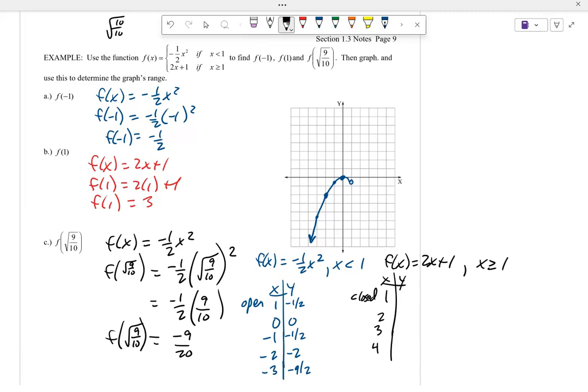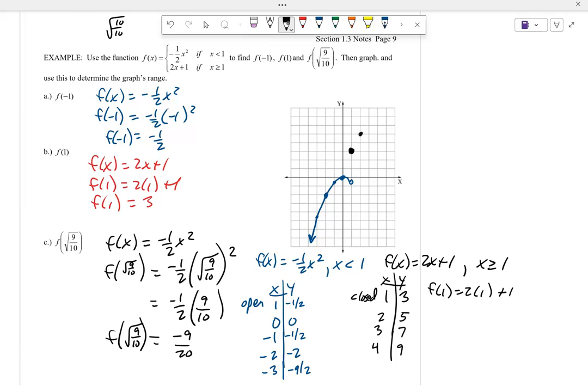So let's plug in 1. F of 1 would be 2 times 1 plus 1. 2 plus 1, 3. Plug in 2. 2 times 2, 4, plus 1, 5. 2 times 3, 6, plus 1, 7. 2 times 4, 8, plus 1, 9. So I got 1 comma 3. It's filled in, so make sure that that's closed. 2 comma 5.